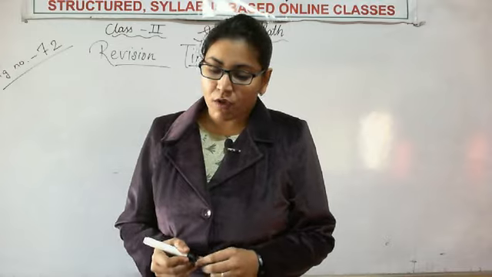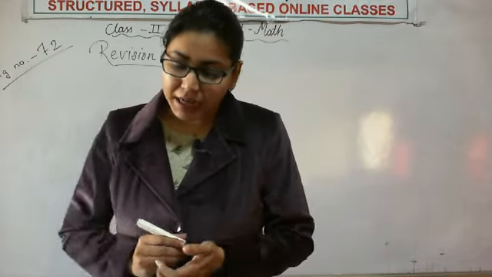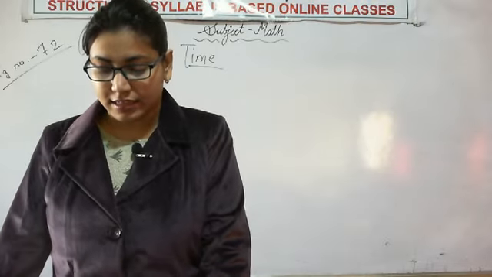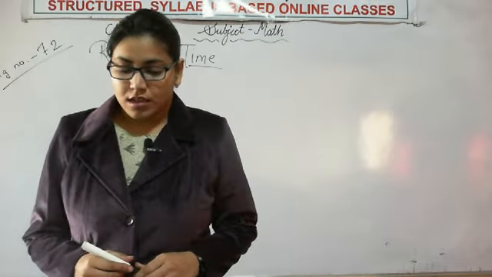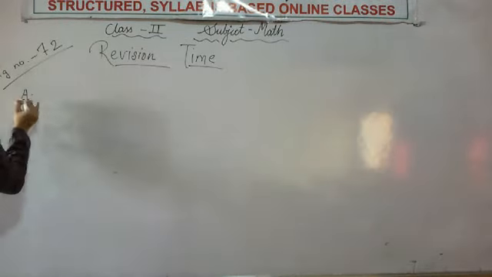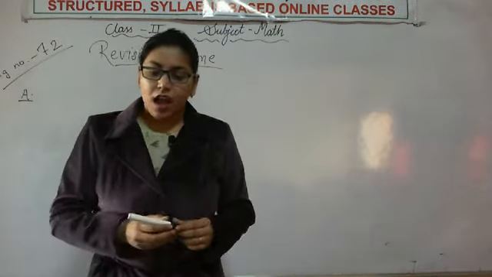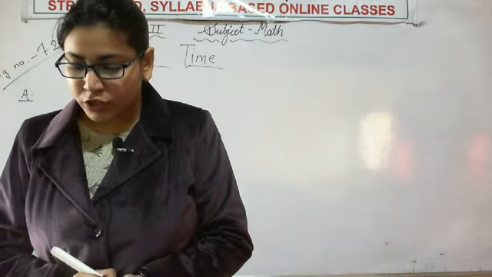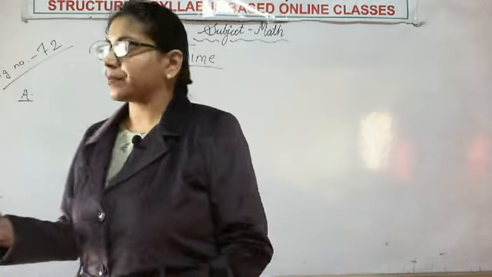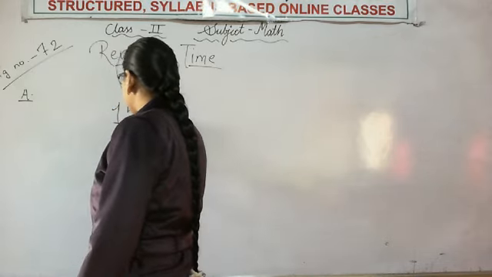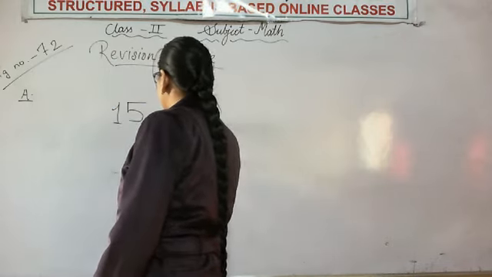So question number 1, multiple choice question. Choose the correct option and fill in the blanks. So part A. How many times can 15 be divided equally into groups of 3?